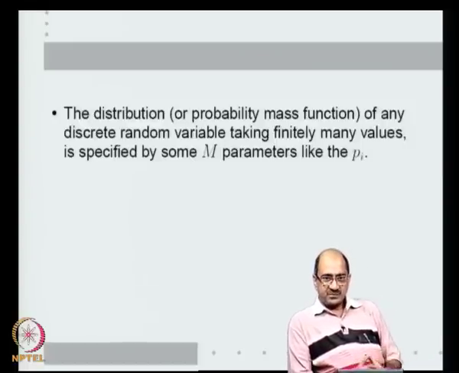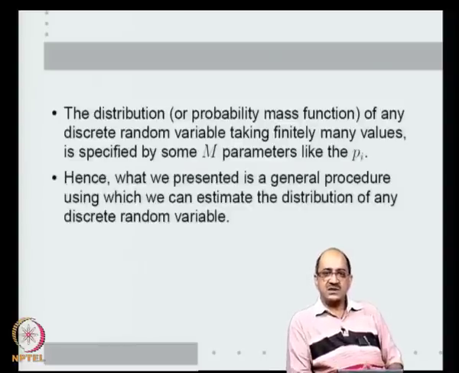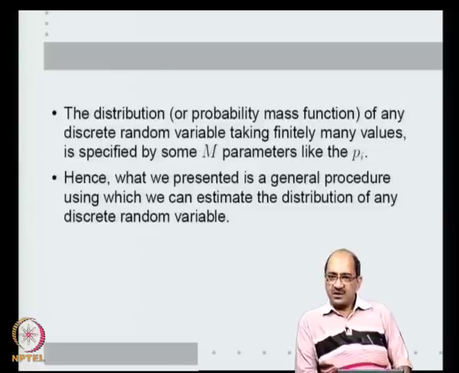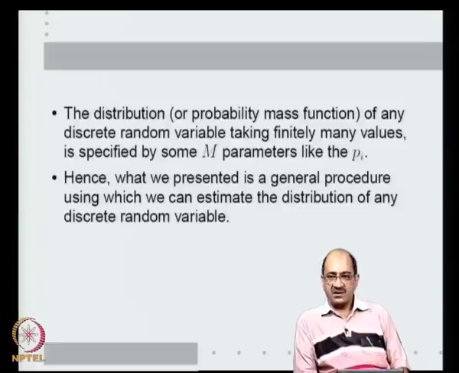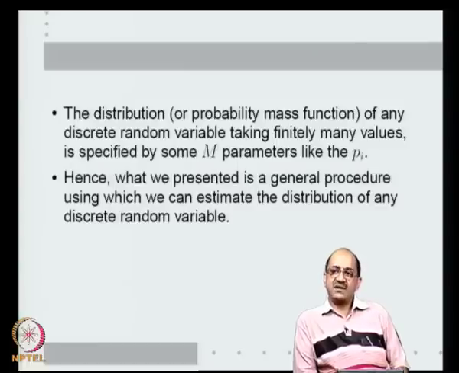Hence, what we just got is a general procedure for estimating the distribution of any discrete random variable, right. Not one specific discrete random variable like Bernoulli or binomial or Poisson, though Poisson of course takes infinitely many values, but this is a general procedure for estimating the distribution of any discrete random variable. Okay.